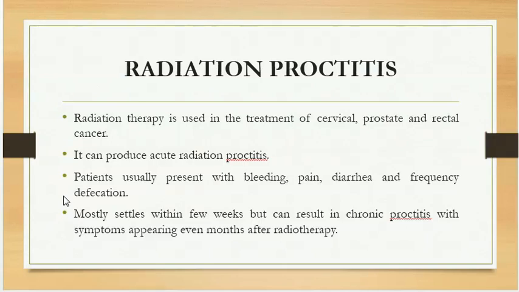Most symptoms settle within a few weeks, but some patients develop chronic proctitis with symptoms appearing months or even decades after the radiation exposure. So keep in mind, radiation proctitis can be acute and it can be chronic.